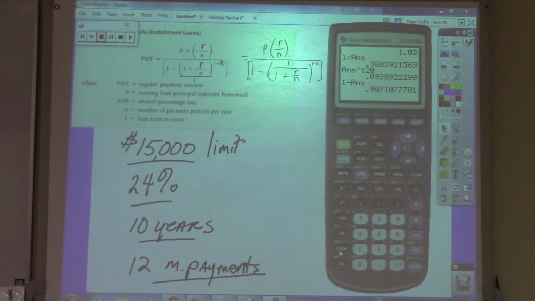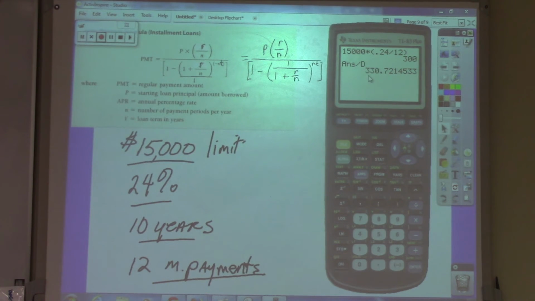And we store that in alpha D. And we take our 10,000 or 15,000 and we multiply that by 0.24 divided by 12. And that gives us that number. And then we divide that by alpha D.